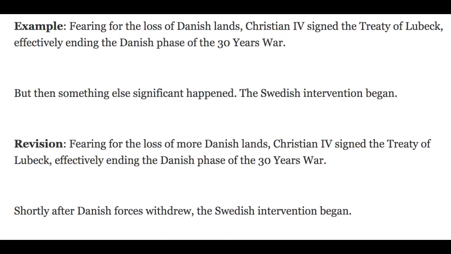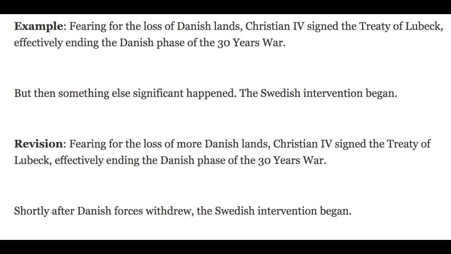Our next example is: fearing for the loss of the Danish lands, Christian IV signed the Treaty of Lubeck, effectively ending the Danish phase of the 30 Years' War. The additional information is: but then something else significant happened. The Swedish intervention began. So the revision to make it a transition would be: fearing for the loss of more Danish lands, Christian IV signed the Treaty of Lubeck, effectively ending the Danish phase of the 30 Years' War.